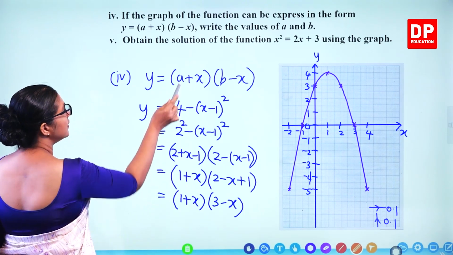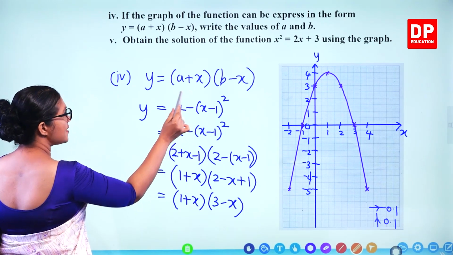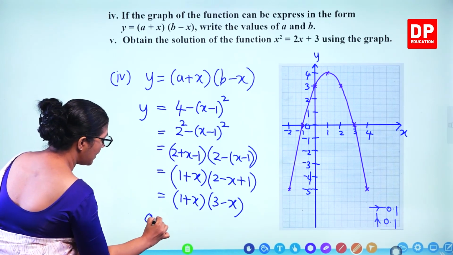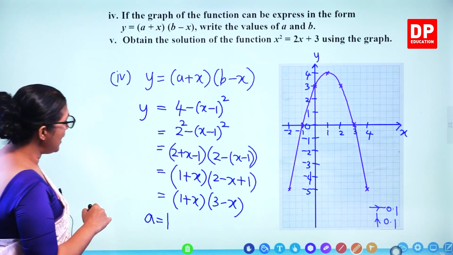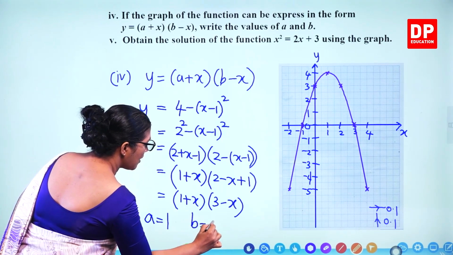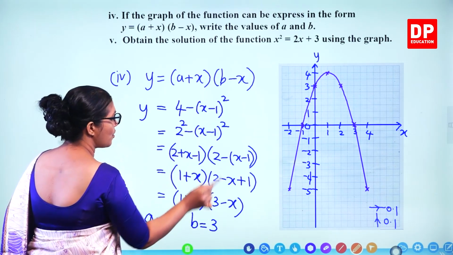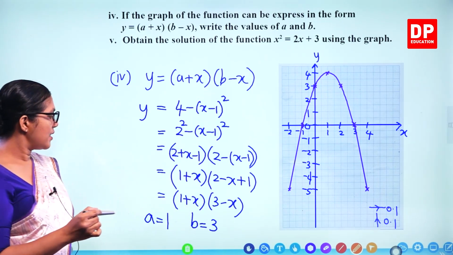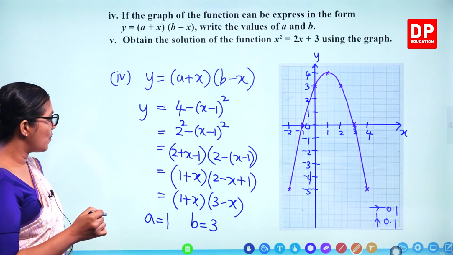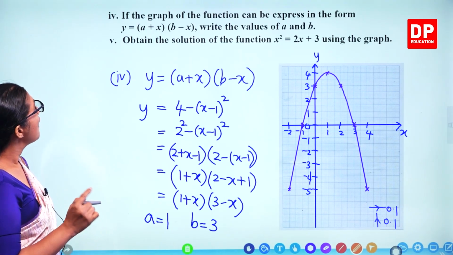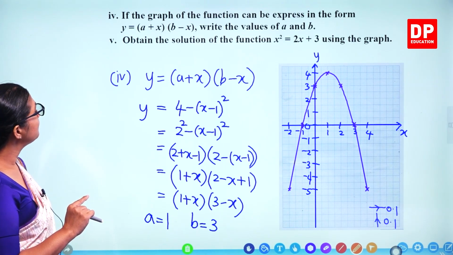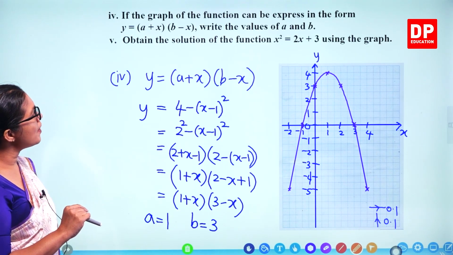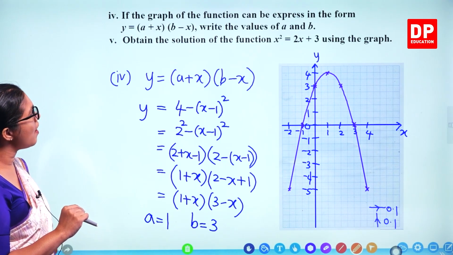Now compare this and this. A plus x, so what's the value of a? a equals 1. What's the value of b? b equals 3. When you compare these two, you get a equals 1 and b equals 3. So that's part 4. Part 5. Obtain the solution of the function x squared plus 2x plus 3 using the graph.